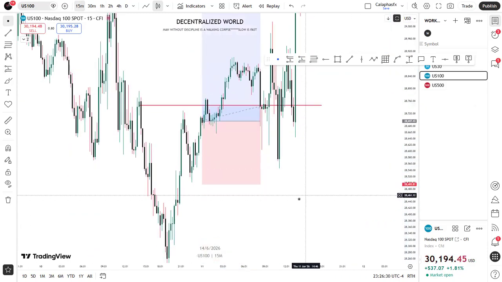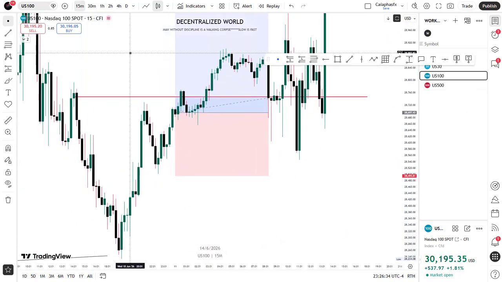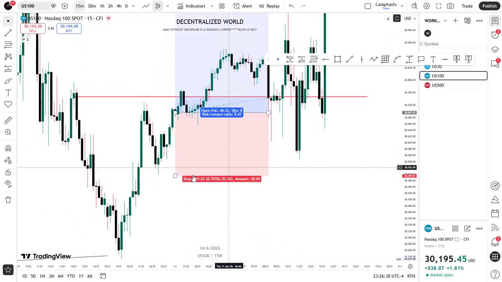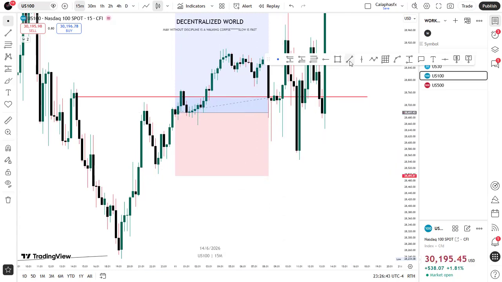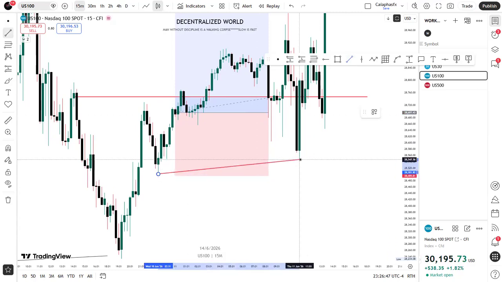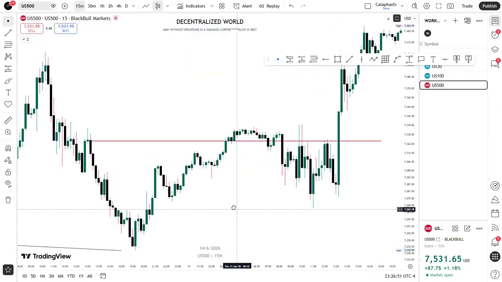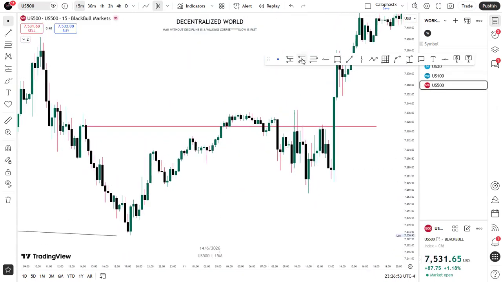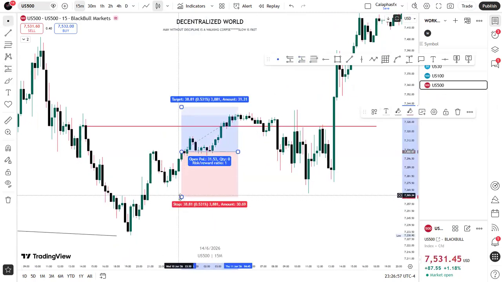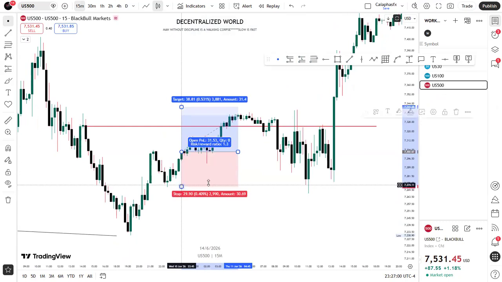Given that US 100 was the weaker asset during New York session, this low wasn't taken out. None of this low was taken out, rather. They continued the SMT, right? But in a scenario whereby I had this entry with a stronger asset, I had my stop here.